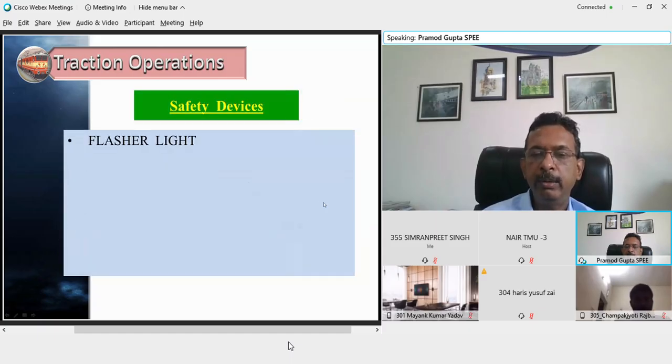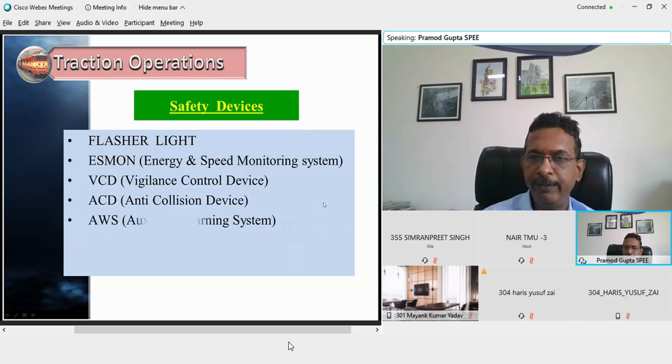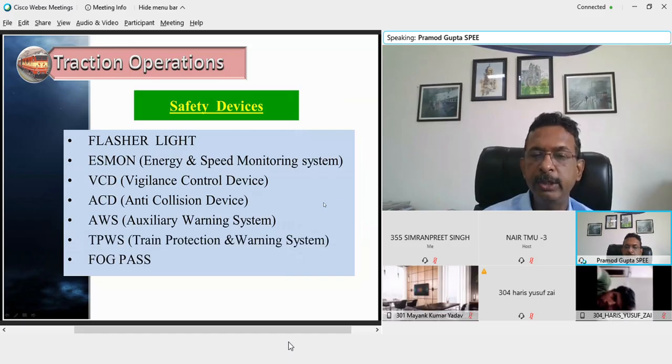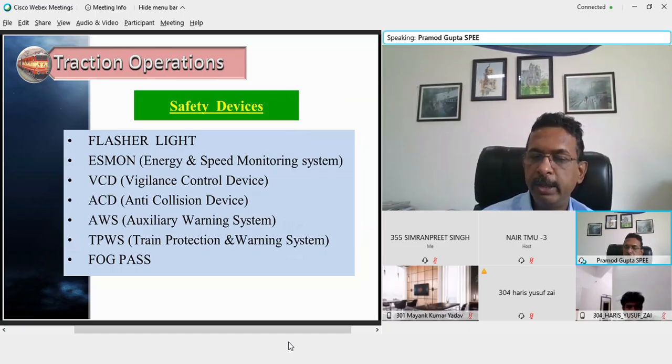We have many safety devices which are there to assist the loco pilot for safe operation. I have listed all of them here. The flasher light is one. SMON is the second one. Vigilance control device, anti-collision device, auxiliary warning system, train protection and warning system, and fog pass.